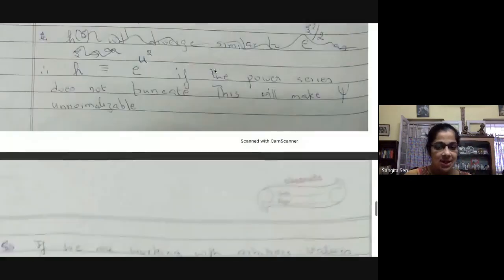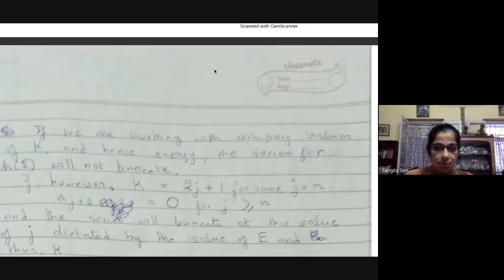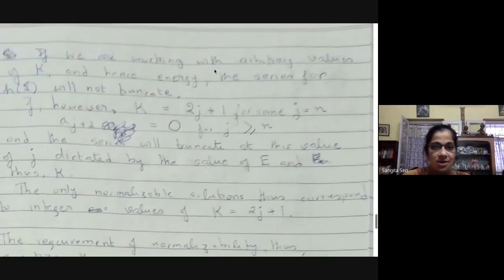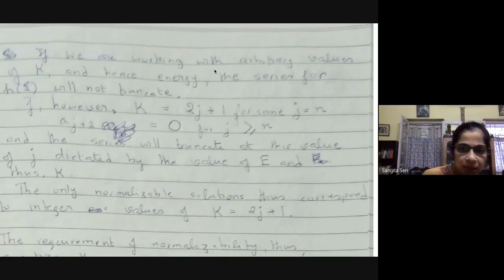So let's go forward a little bit more and think about this argument a little bit from different angles. If we are working with arbitrary values of K and hence energy, then the series for H will never truncate.